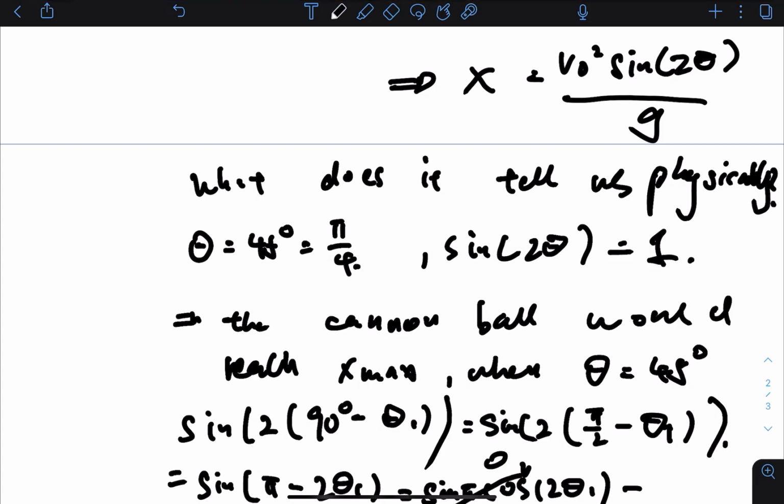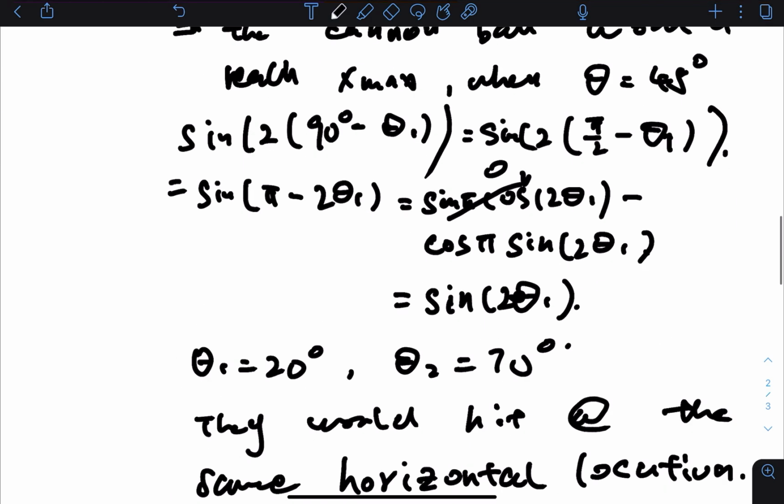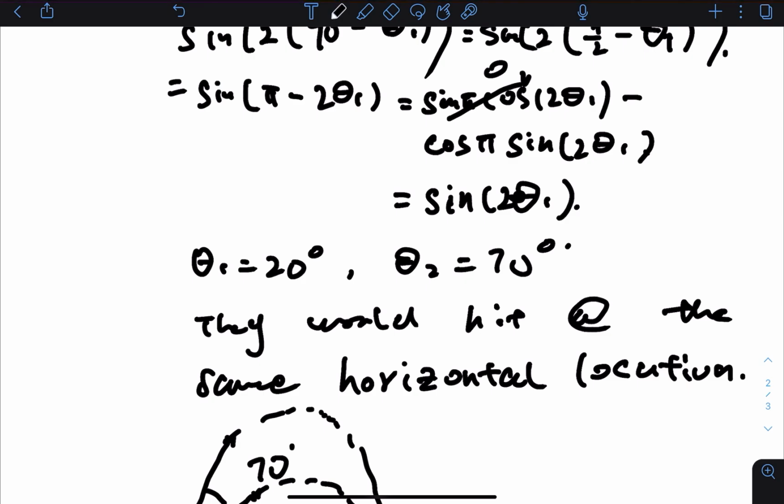If you want to reach a maximum horizontal distance, you shoot the cannonball at an angle of 45 degrees with respect to the horizontal axis. And if you shoot at two different angles whose sum is equal to pi over 2, they would reach exactly the same horizontal distance. So that's it.